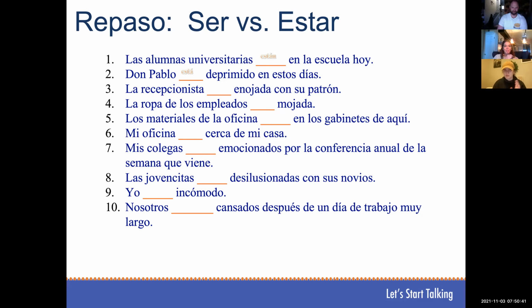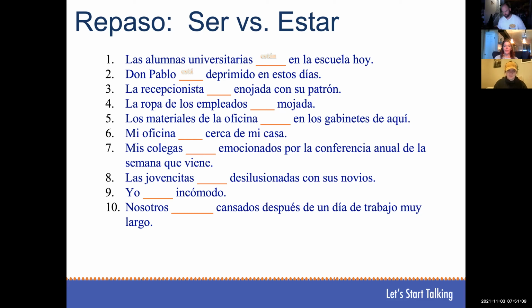La recepcionista es enojada con su patrón. Now you've got the wrong verb, but the right conjugation. Enojada does not mean in love, but rather angry at.